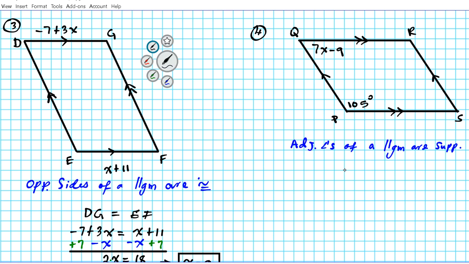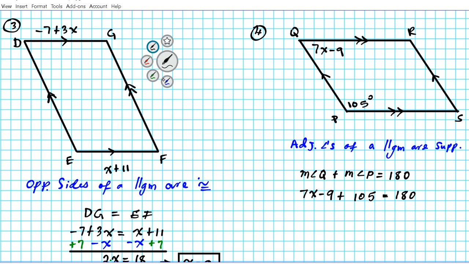So what can we write using that? The measure of angle Q plus the measure of angle P is equal to 180 degrees. The measure of angle Q is 7x minus 9, plus the measure of angle P is 105. If you add these two, you get 180. So we're going to solve this resulting algebraic equation for x.